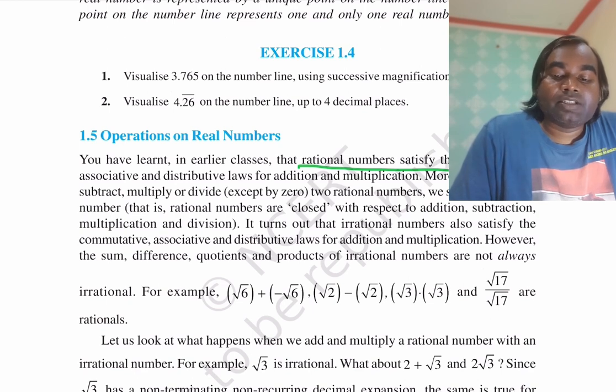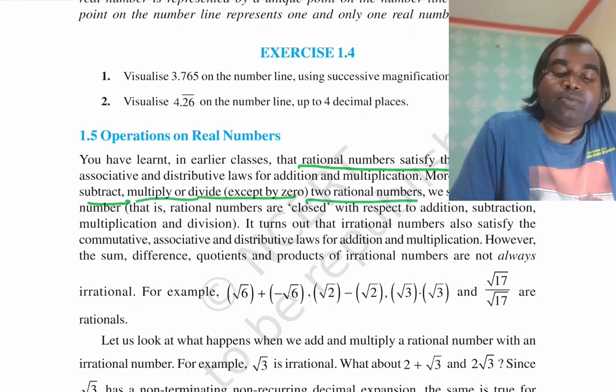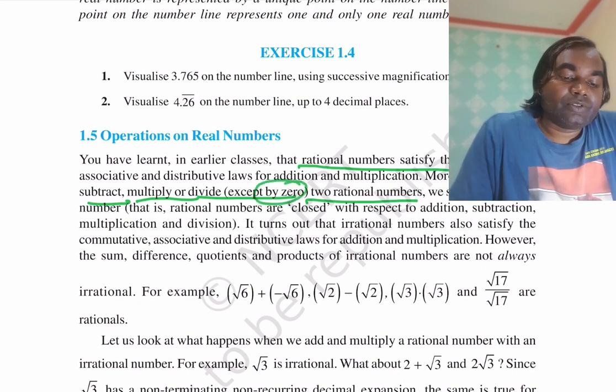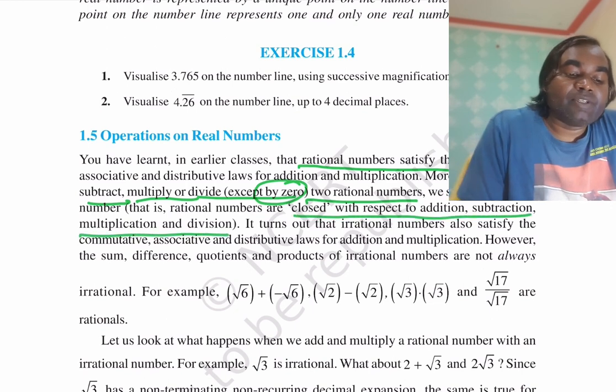You know this. If we add, subtract, multiply or divide two rational numbers, we get again a rational number, except division by 0. Correct? So rational numbers are closed with respect to addition, subtraction, multiplication and division.